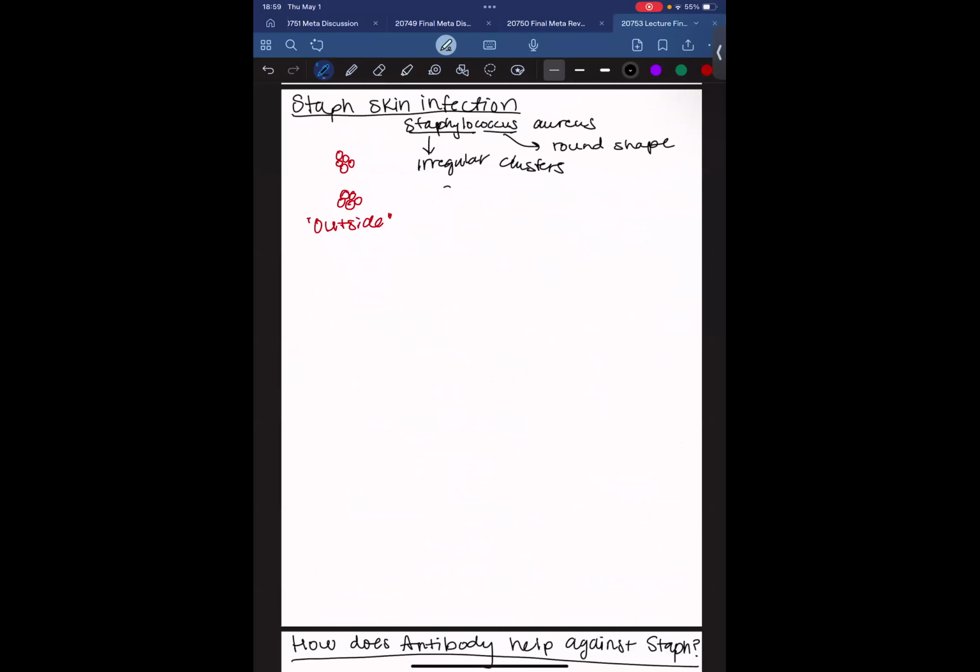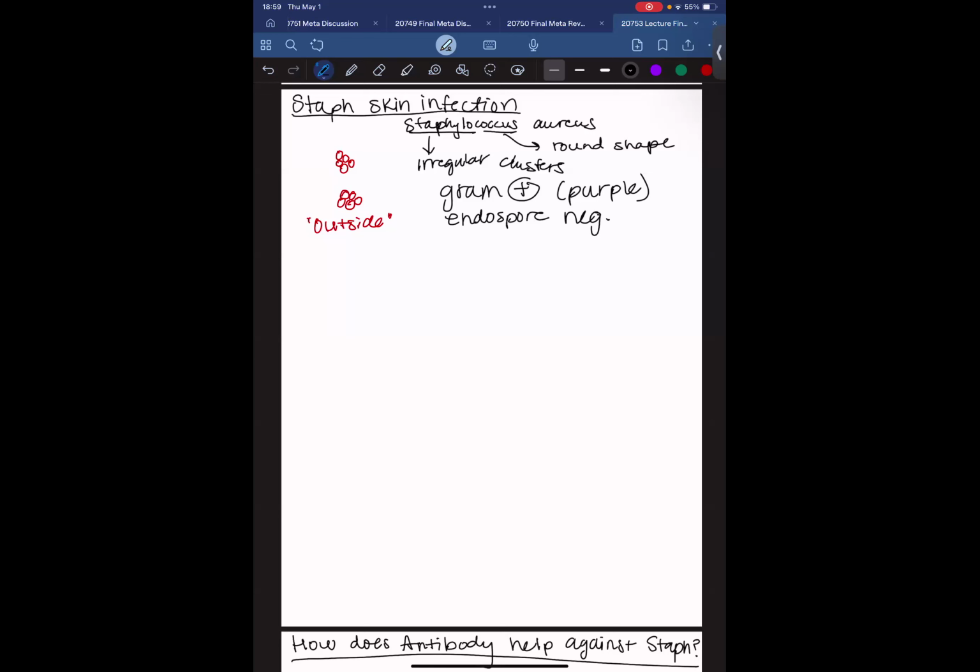Staphylococcus aureus. We know Staphylococcus aureus is gram positive, right? If we were to do a gram stain on it, what color would it be? Purple. All right. What about endospores? Does it make endospores? Right, negative for endospores. And why do we know that?